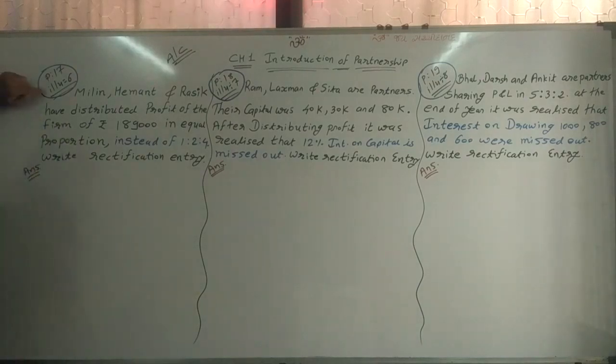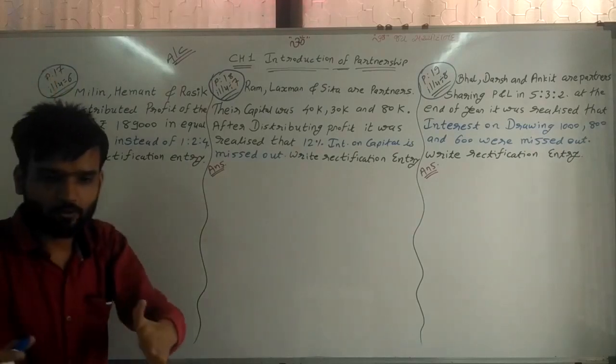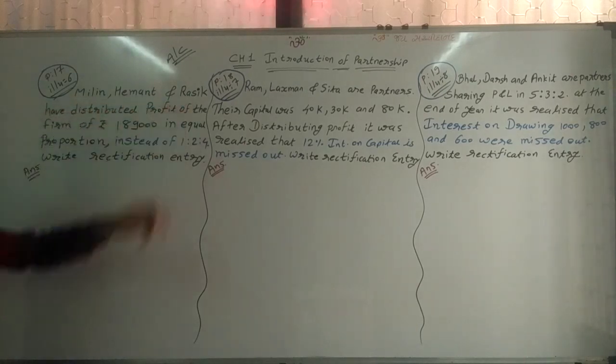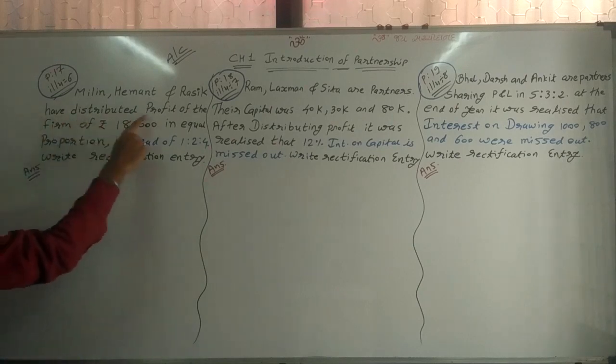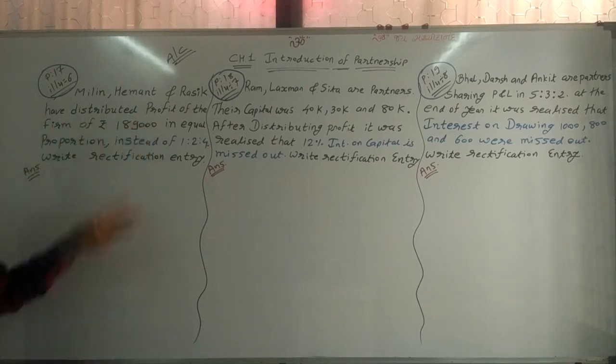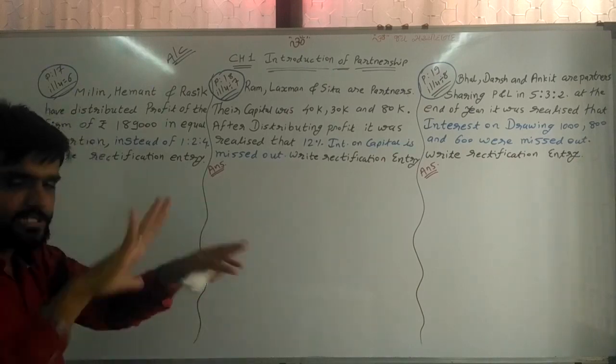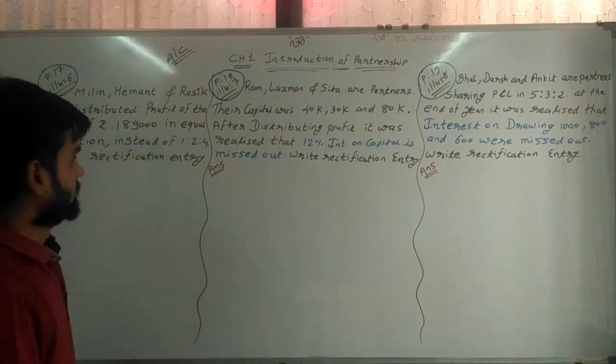See here, this is illustration number 6, page number 17, given in your textbook. Now Milin, Hemant and Rasik have distributed profit. It means three partners have distributed profit.